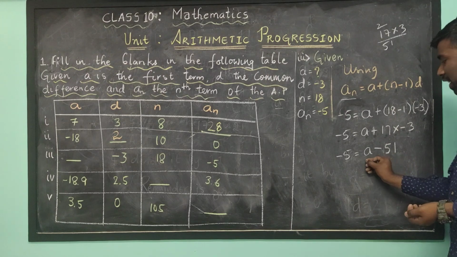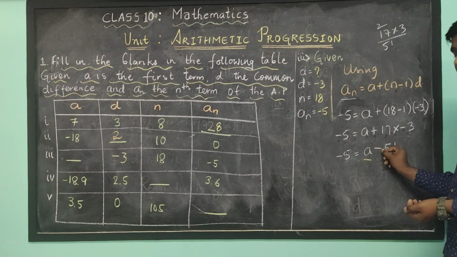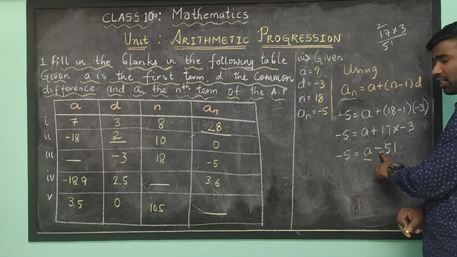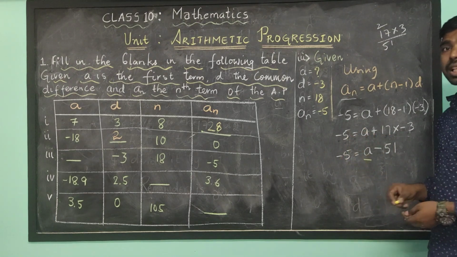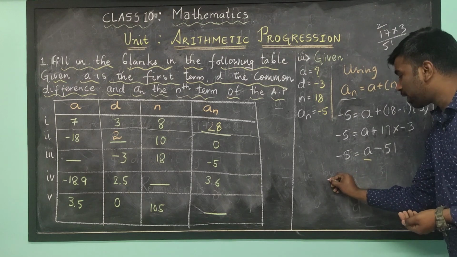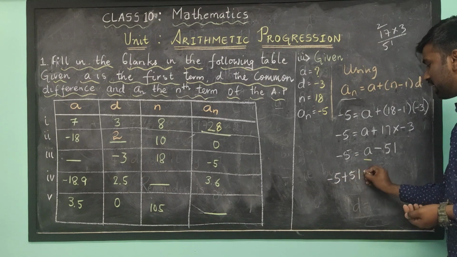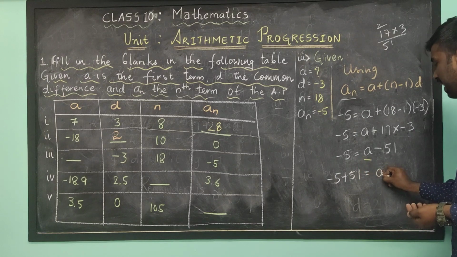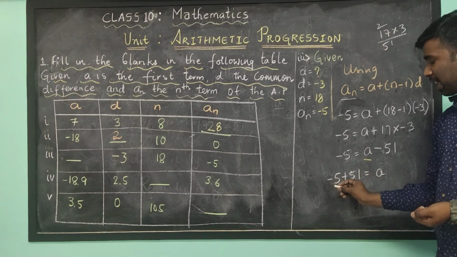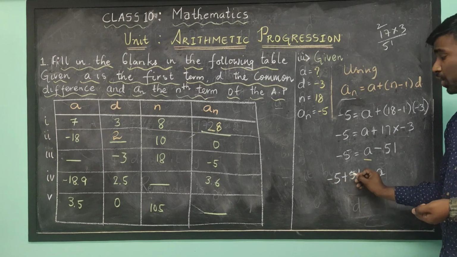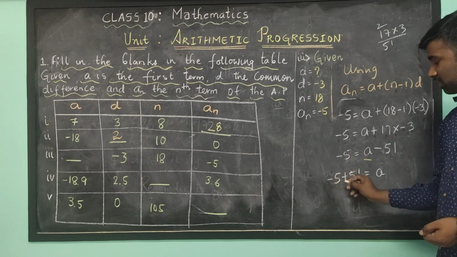Since we should find a, shift this minus 51 to LHS. After shifting minus 51 to LHS, it becomes plus 51. Now what do I get? Minus 5 plus 51, which is equal to a. Since there is a negative integer and a positive integer, you should subtract.